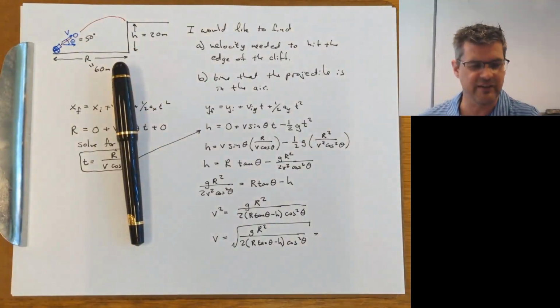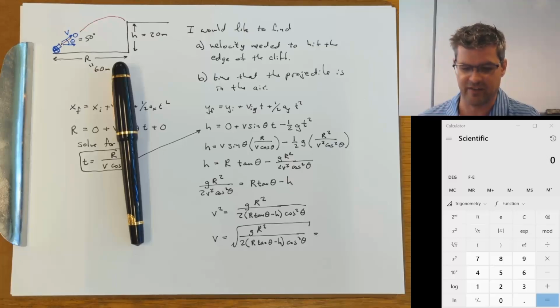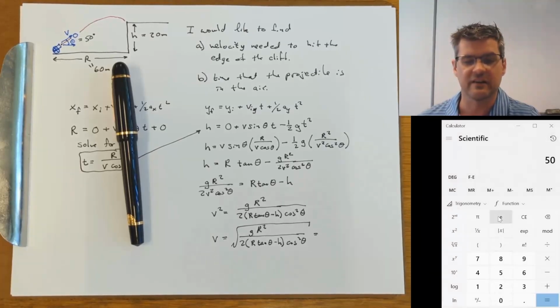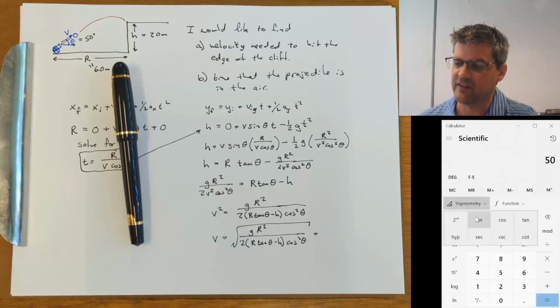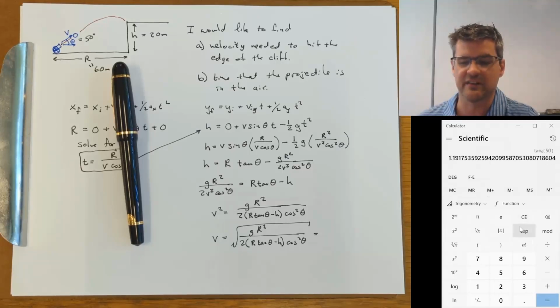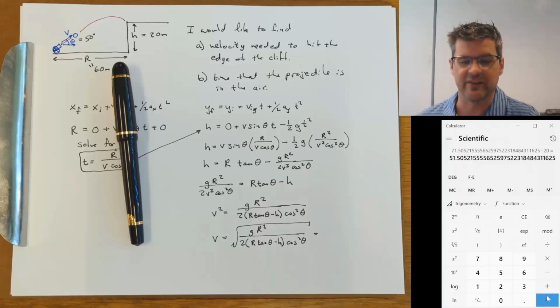Let's pull out our calculator. Let's look at the bottom here first. So we've got 50 here. Actually, let's do the inside of the bracket there first. So 50 tangent times r, which is 60, minus h, which is 20. That's the parentheses.